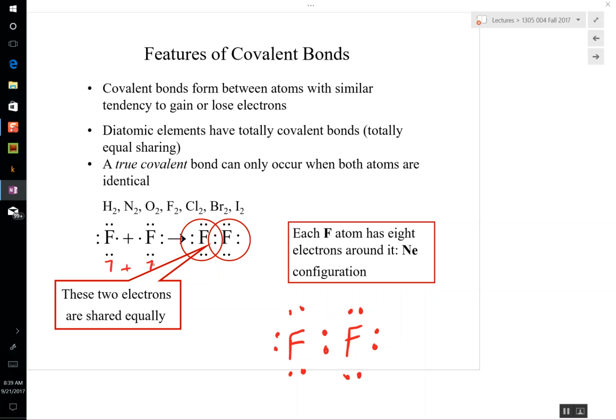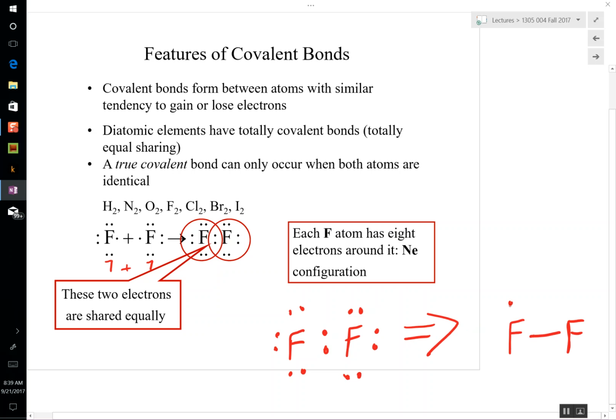And what you will see me doing from now on is writing this. I'm going to take these two right here that are being shared, and I'm going to convert them into a covalent bond. I'm going to draw a straight line. That line is 2 electrons.